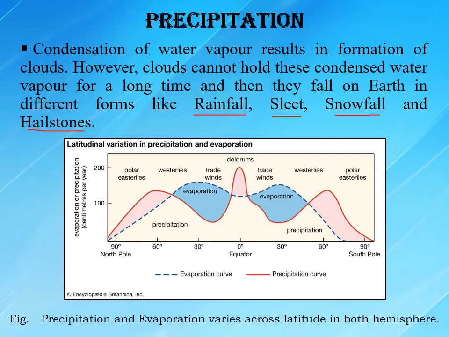So the portion of the Earth in which evaporation mostly occurs is restricted mostly to the Tropic of Cancer to Tropic of Capricorn.